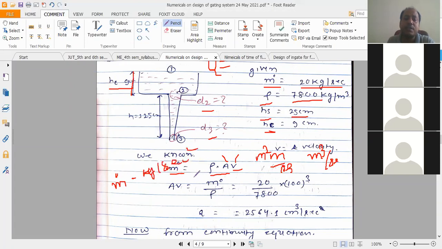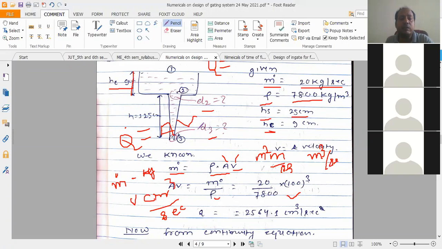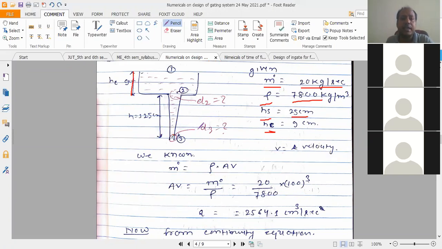So we divide the mass flow rate in kg per second by the density, then it will be equal to the volume, in meter cube or centimeter cube per second. So this one is equal to q dot and this one is equal to a1 v1, or we can say av, and the continuity equation is considered here because however much liquid goes in here, all of it comes to the base.